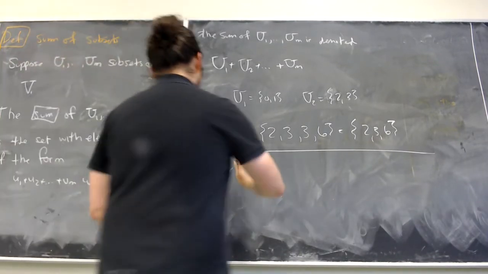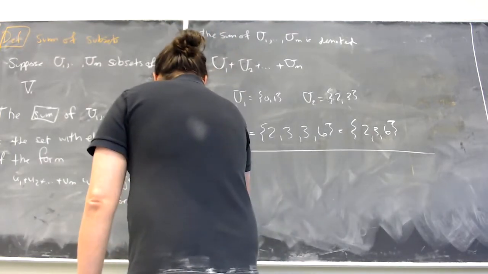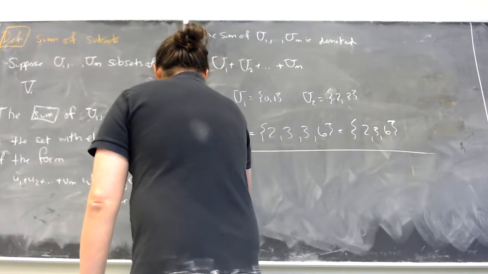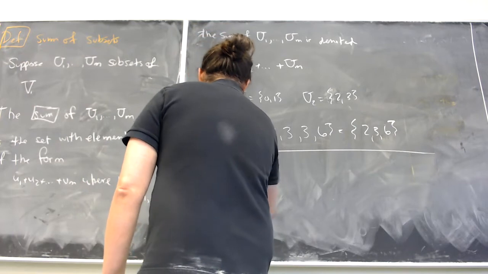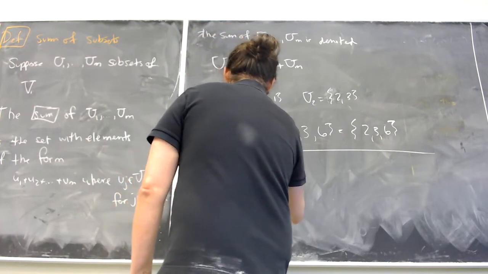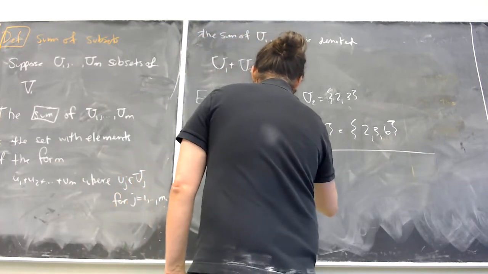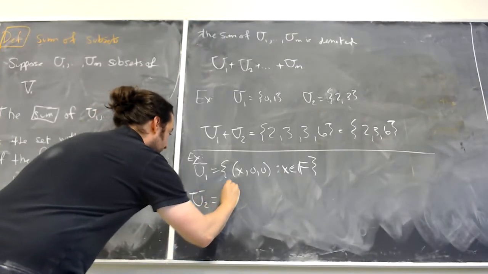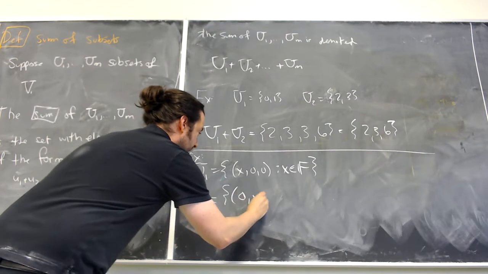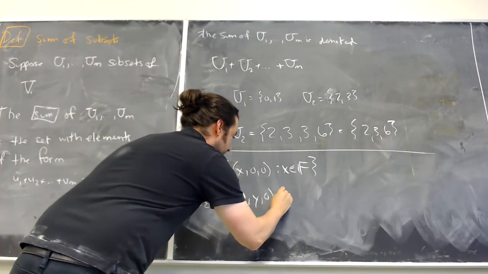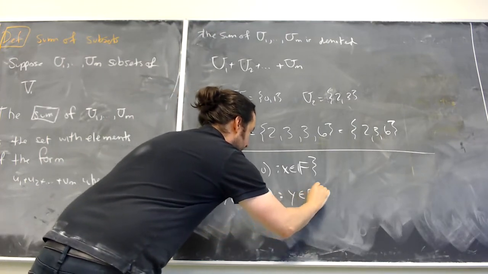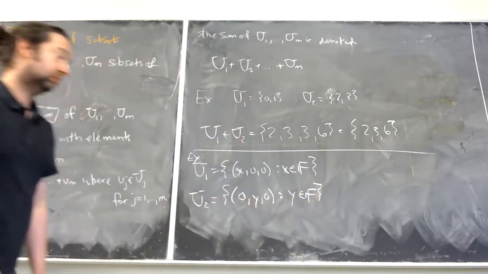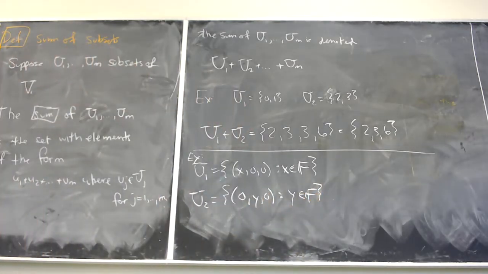So here's another example. If U1 was equal to everything of the form x, 0, 0, where x is in a field, and U2 was equal to everything of the form 0, y, 0, where y is in the field, those are subsets of R3.